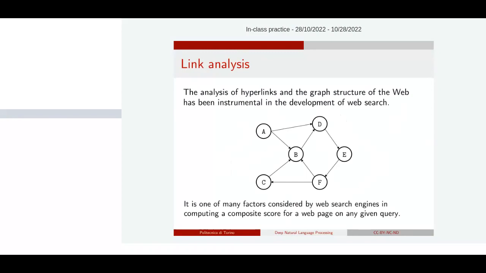This problem was actually a real problem in the early 2000s, but the idea of using link analysis is used everywhere, in different fields, even in summarization. We can use link analysis when we have graphs and we want to compute the importance of some nodes in the graph.